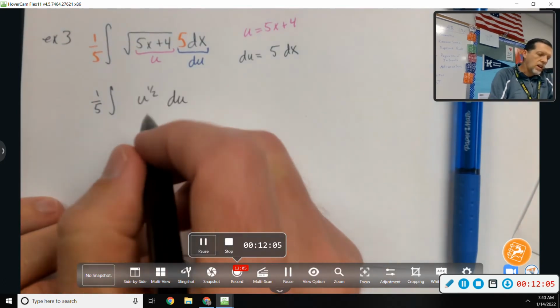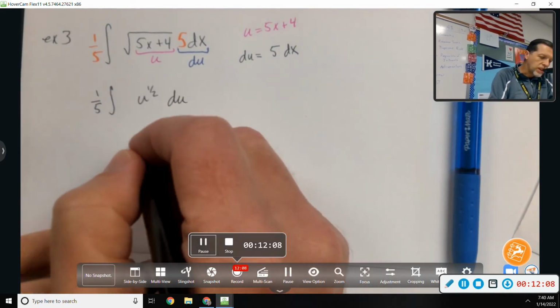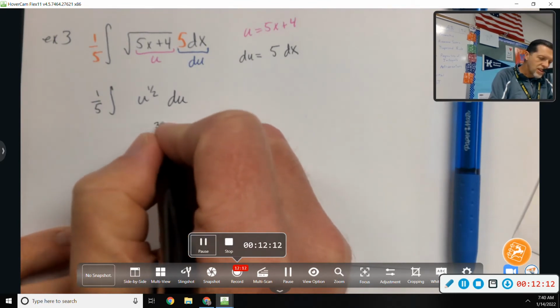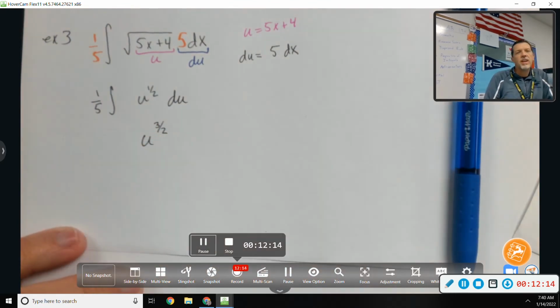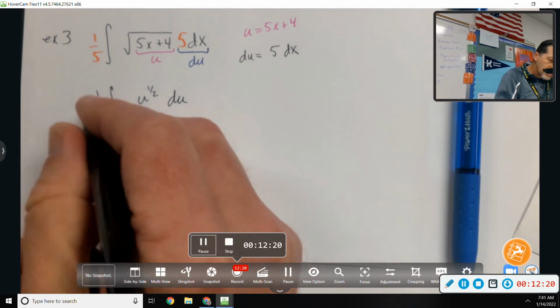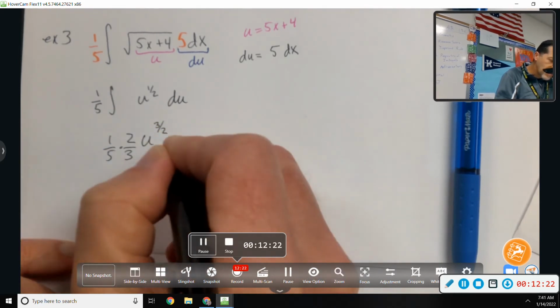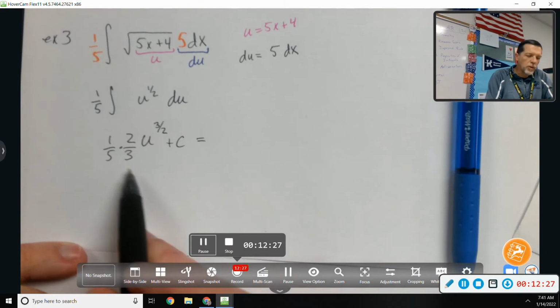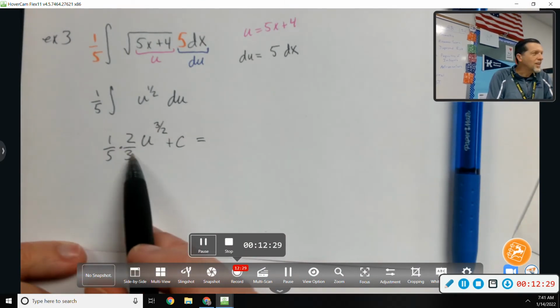Okay, well now it's easy integration, or hopefully easy integration. Up the power by 1, and divide by 3/2, but I don't want to divide by 3/2. I'd rather multiply by 2/3. Don't forget the 1/5 is still out front. If you were worried about fraction multiplying, you could leave that alone, right? That's a safe stop.